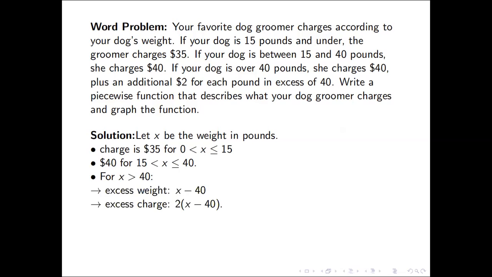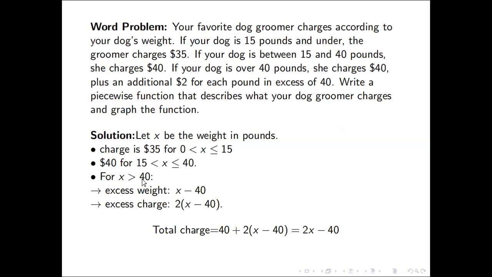The total charge would be $40 plus the excess charge, so 40 plus 2 times quantity X minus 40, which again is the excess weight. If simplified, this is negative 80 plus 40, so 2X minus 40 for X greater than 40. By the way, this does not apply for all X values, for X greater than 40 only.